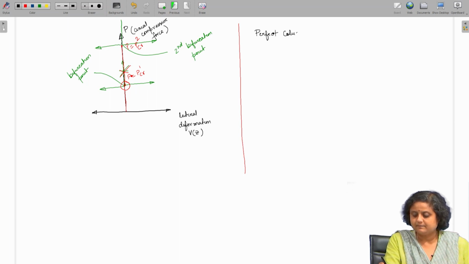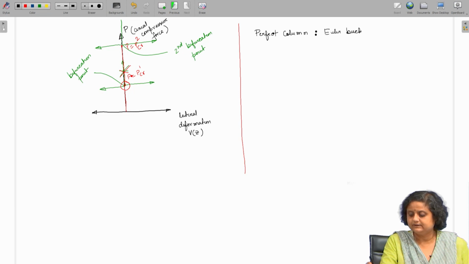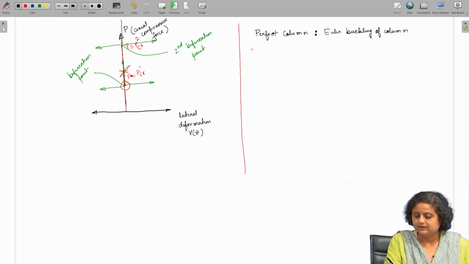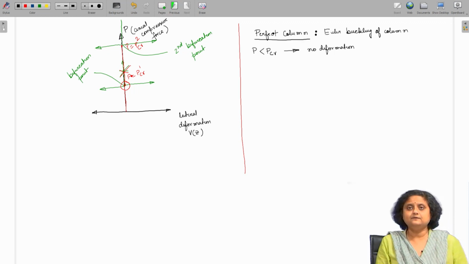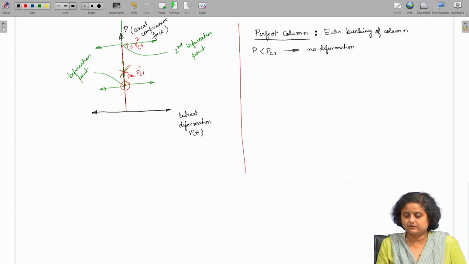So, if we have a perfect column, according to Euler buckling of column or Euler theory, till P is less than P critical, there would be no deformation. This is only if we have a perfect column; we have to keep that in mind. In reality, you really do not get to see a perfect column. It is near impossible.